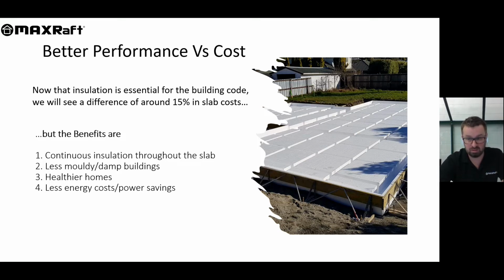So the difference to the performance and the health of the building is substantial. When the slabs are properly insulated, it prevents that approximately 15% heat loss of the entire building that you lose out of the foundation. So we think the performance significantly outweighs the increased cost.